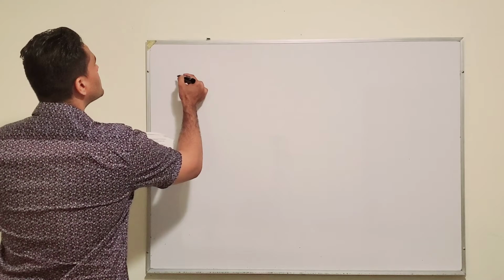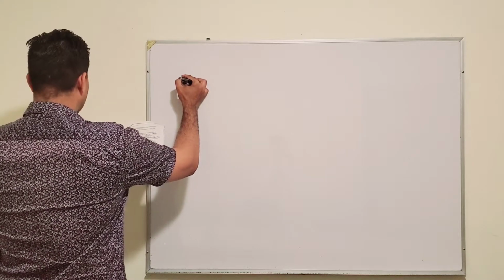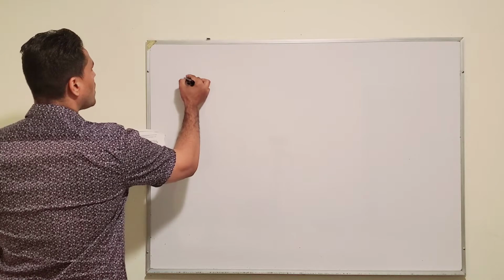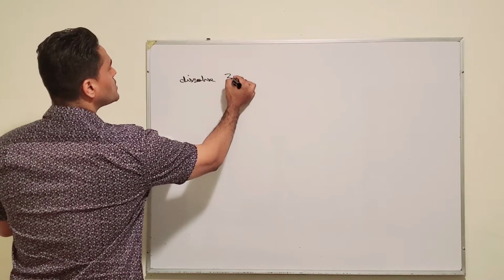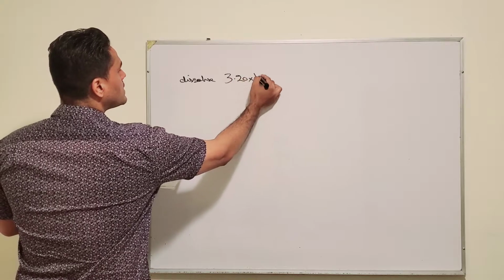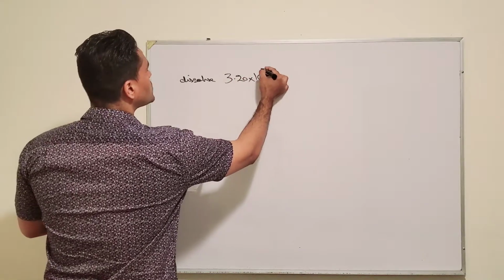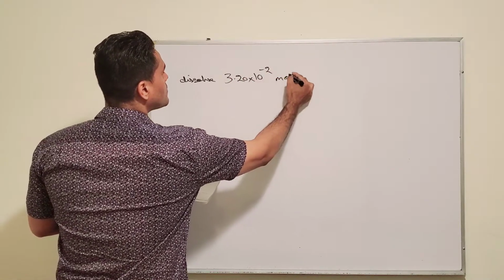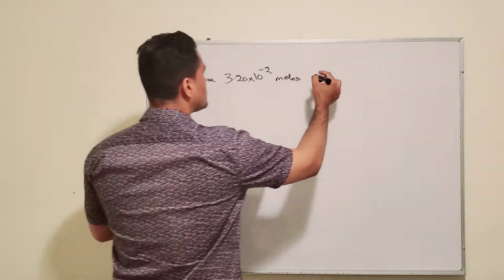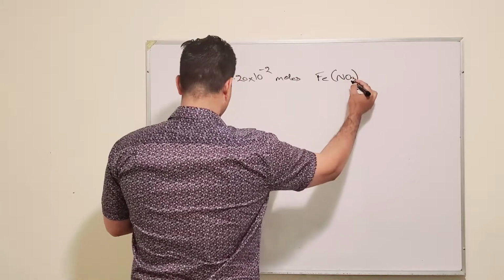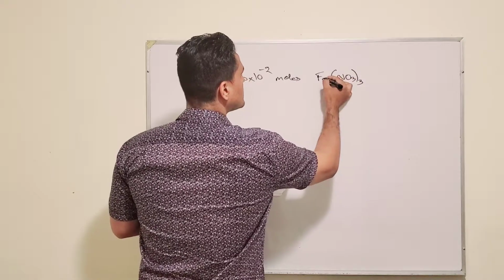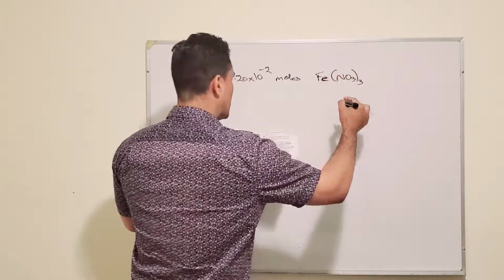Question says we can dissolve 3.20 times 10 to the power minus 2 moles of FeNO3 in 2 liters.